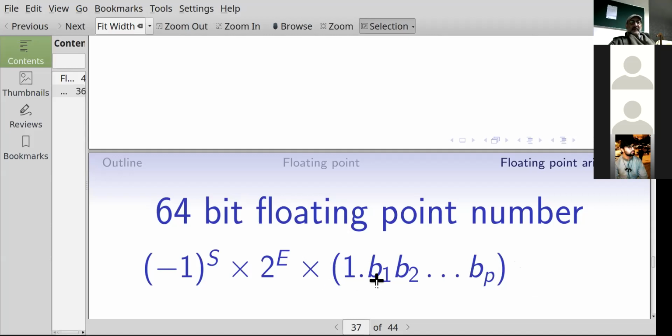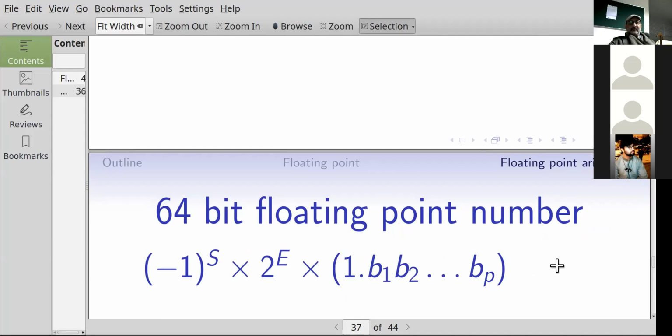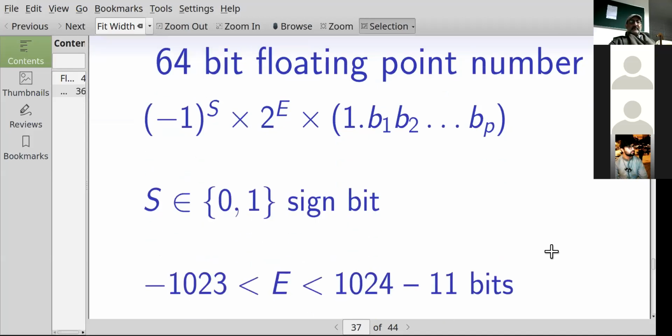So it's 1 point, B1, B2 up to BP, and I don't need to store the 1 because that's always understood to be there. So I'm storing this S, this E, and this B1, B2 up to BP. Remember S is between 0 and 1.